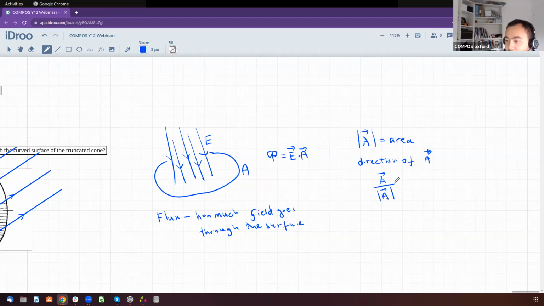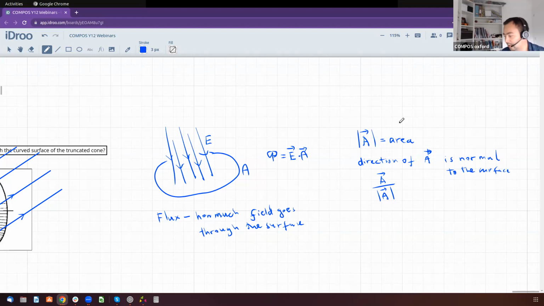The direction of A is normal to the surface. But you can say there are two directions which are normal to the surface. Yes, true. You can have up or down, and it's a matter of choice.